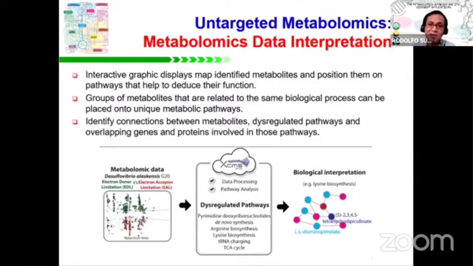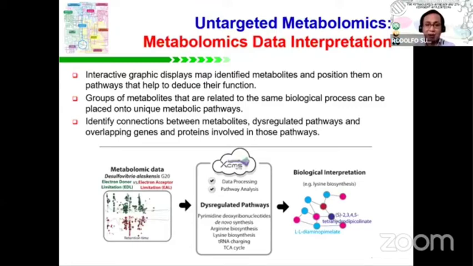And the last step is functional interpretation. So I'm going to go through this quickly because this was already discussed in the previous presentation. Now, in functional interpretation, you can use a lot of public software such as Metaboanalyst. Metaboanalyst could provide you interactive graphical displays, like a Google Map based graphical map.